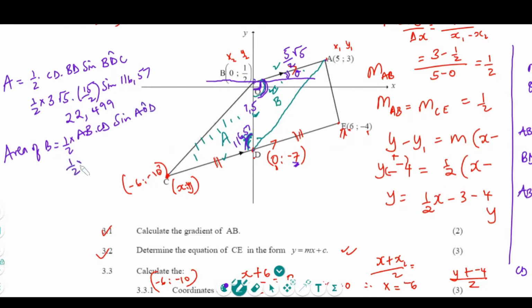Okay, so that's a half times 5 over 2 root 5 times 15 over 2, and then times the sine of 116,57. Just a moment.